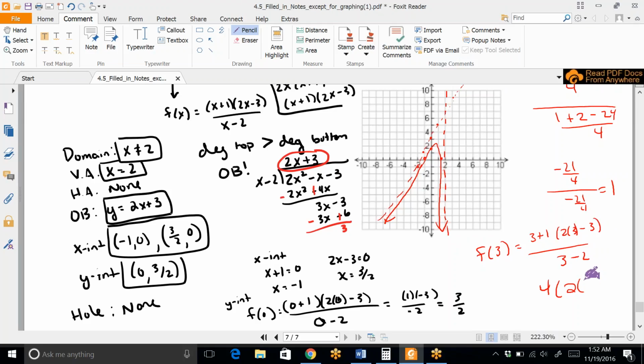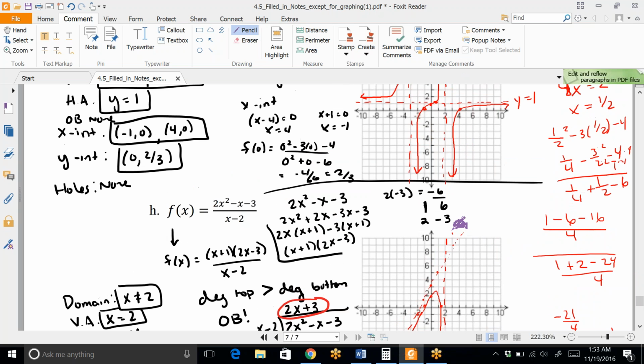That's 6 minus 3 over 3 minus 2 is 1, so this would be 12, which definitely fits in with that being in this piece up here. So it looks like the graph is going to be stuck in these two pieces.